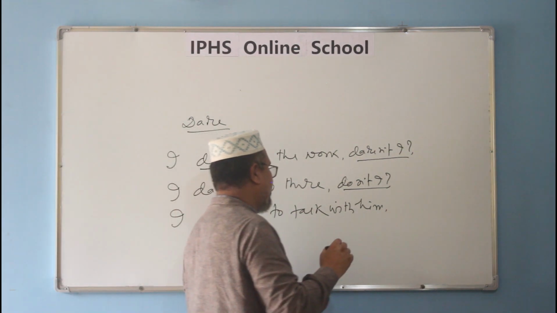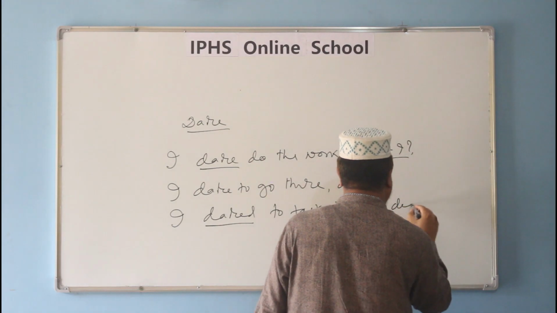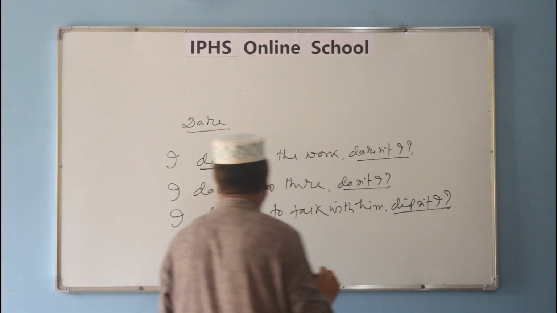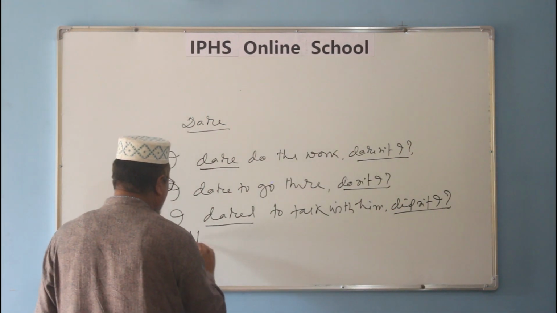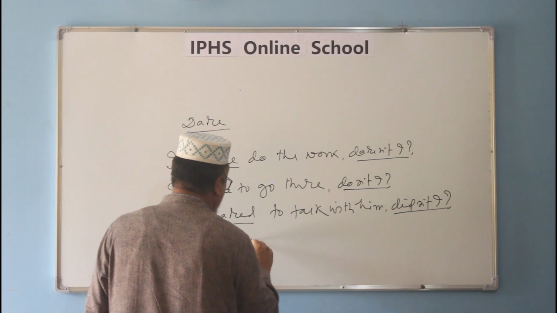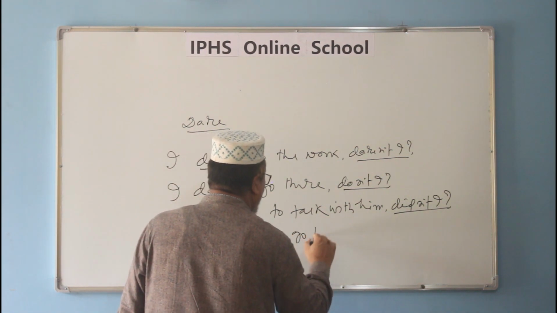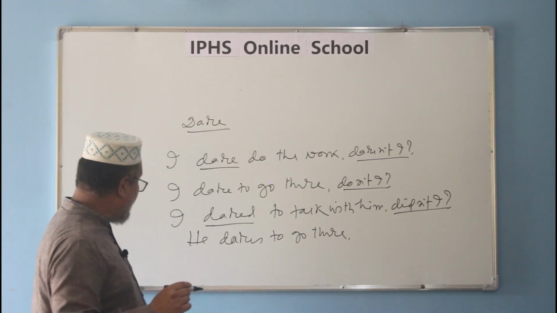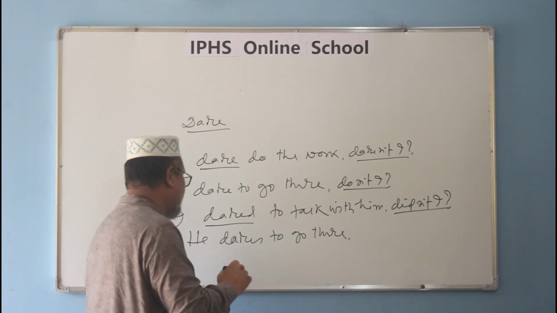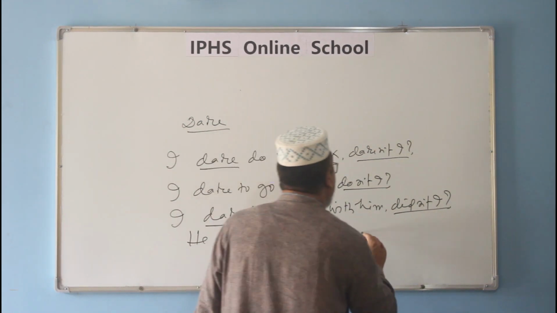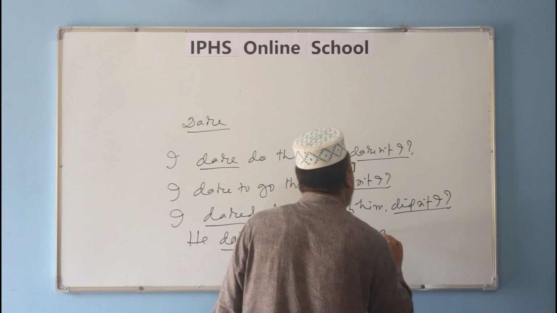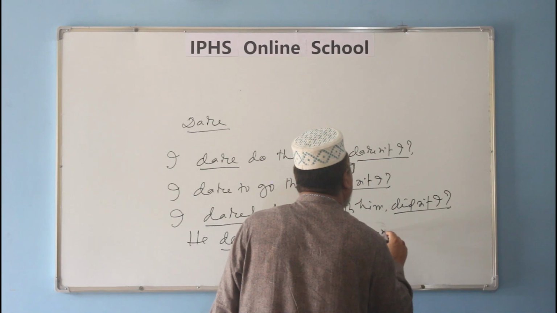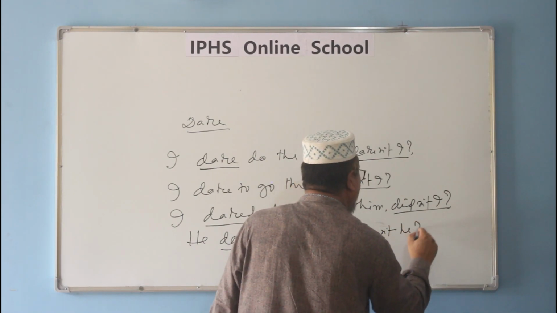So, we need to use didn't. Didn't I? He dares to go there. In this sentence, dare is used as main verb. So, we need to use doesn't. Doesn't he?